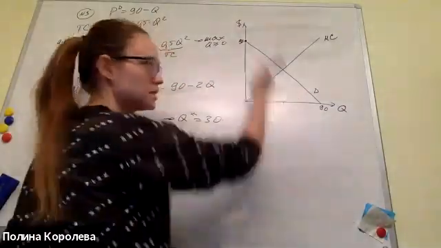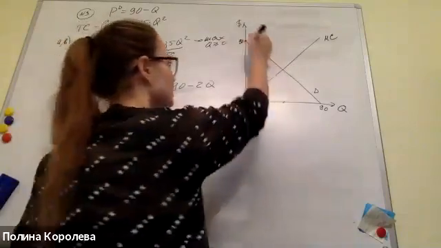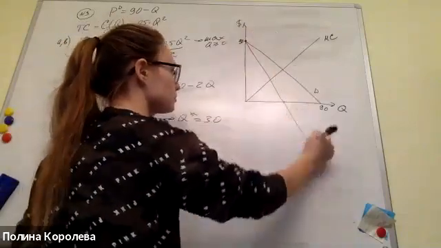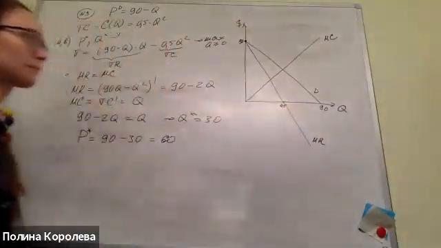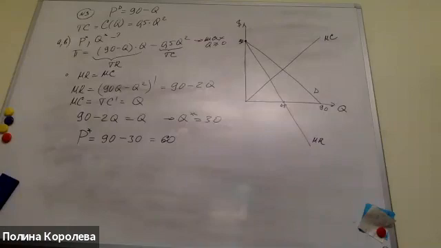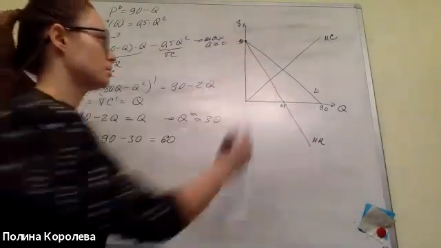So in the middle, 2 times steeper than the demand function. Here, 45. Then we solve graphically: marginal revenue equalized to marginal cost, where they cross each other at this point.